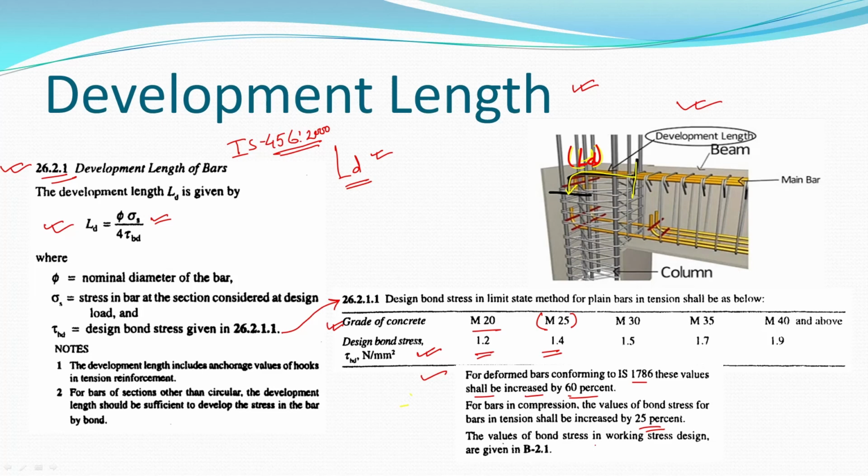The values of bond stress in working stress design are given in B 2.1. So if you want to design in the working stress method, those particular values are given in B 2.1 in IS 456 2000. Okay, so very simple one.